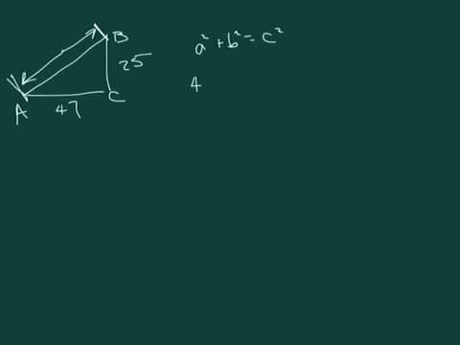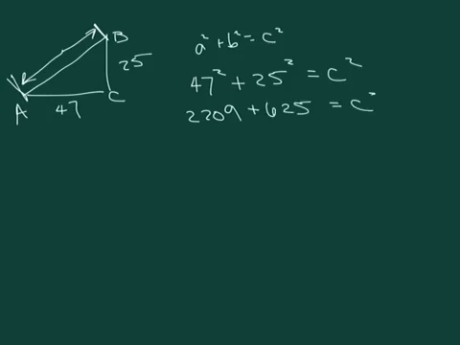Alright, so we take one side, doesn't matter which side, and add the other side, and that gives me c squared. Get your handy dandy calculator out, and you'll end up with 2209 plus 625 equals c squared. Now, if you remember, in order to get rid of the squared, we take the square root of both sides, and the squared sign goes away and it ends up just being c.